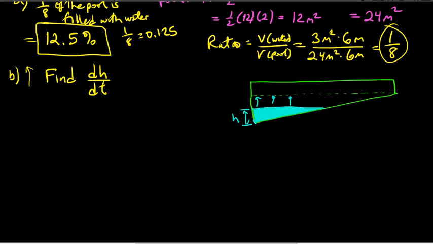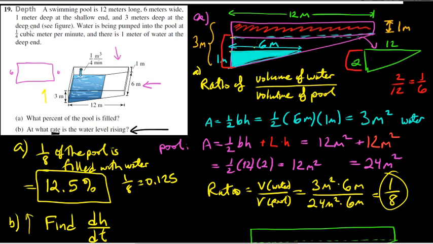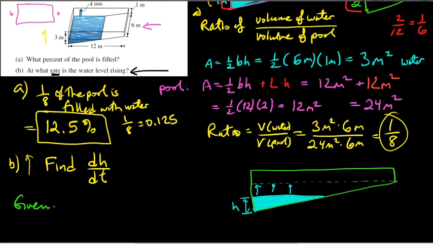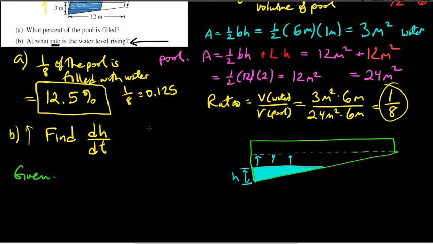Okay. Well, what are we given? We're given this picture. And we're also given, way over here, that water is being pumped into the pool at 1/4 cubic meter per minute. So cubic meter is a volume. What we are given is the rate of change of volume is 1/4 cubic meter per minute.